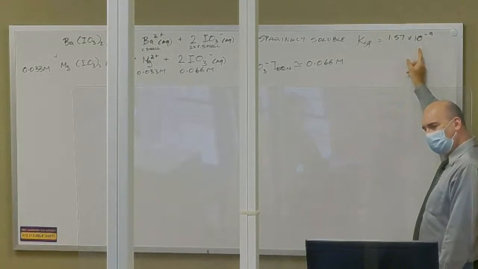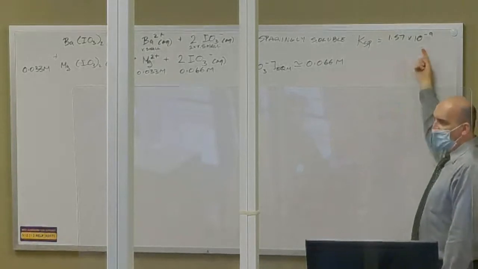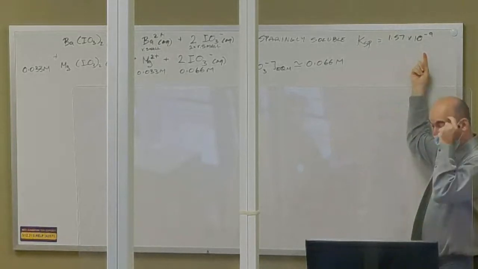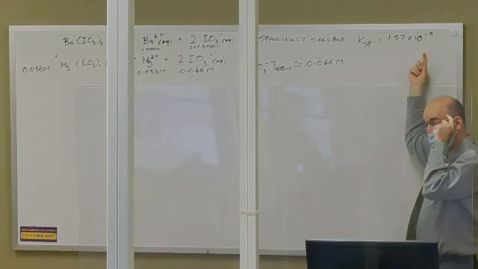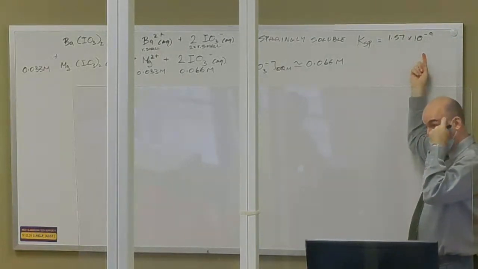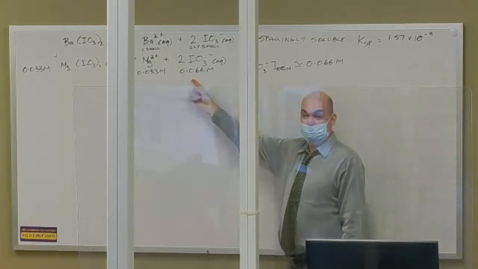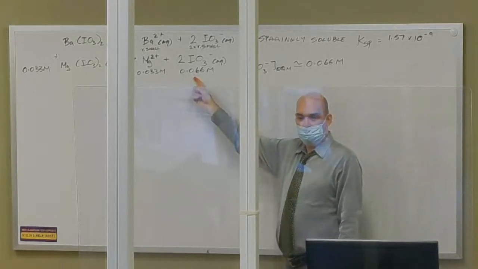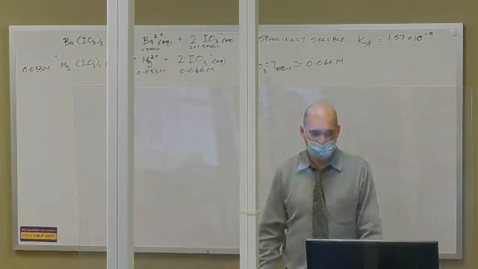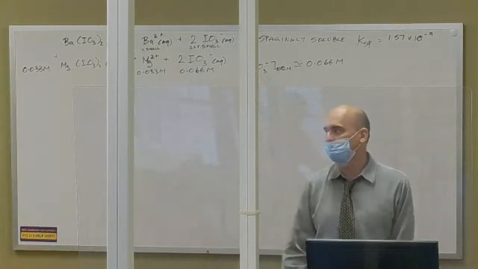So we said, think back, if this is not 100 times smaller than that, then you can't use that approximation. Well, this certainly is.